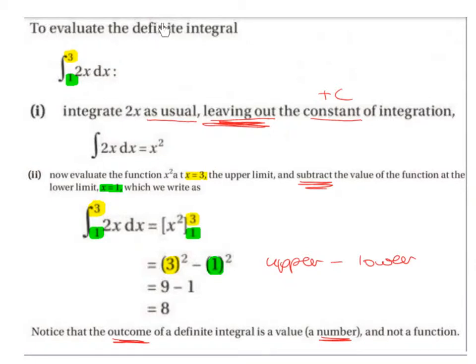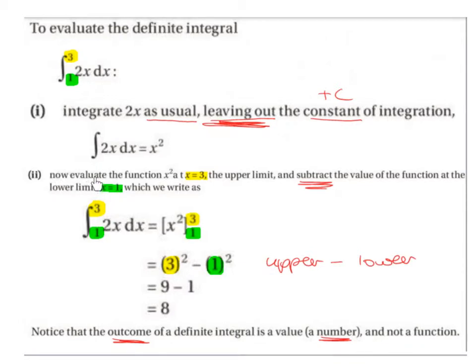To evaluate the definite integral of 2x dx between 3 and 1, step 1: integrate 2x as usual, leaving out the constant plus c of integration. So the integral of 2x dx is x squared.